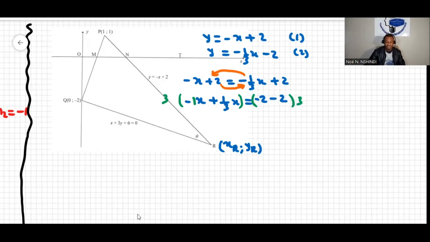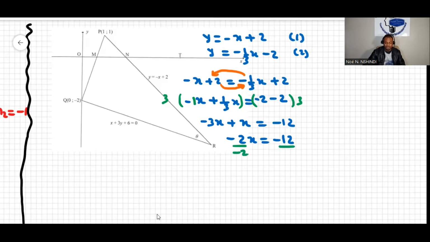That will make negative 3x plus x equal to negative 12. Then this will make negative 2x equal to negative 12, and then we can divide both sides by negative 2. What you get is x is equal to positive 6.